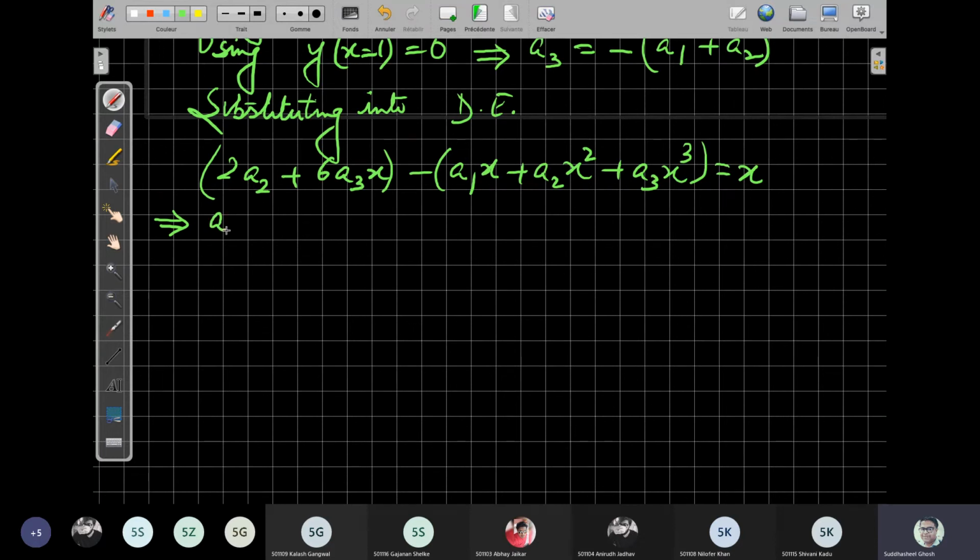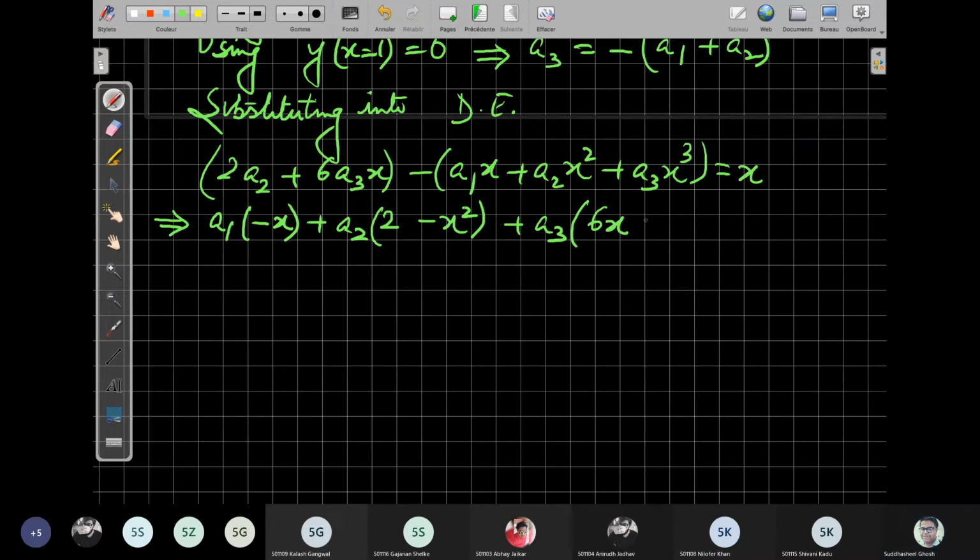We have got a1 into minus x, right? Then we have got a2. In a2, a 2 will come here, and then you will get minus x square. Correct? Plus a3, what will come here? 6x.